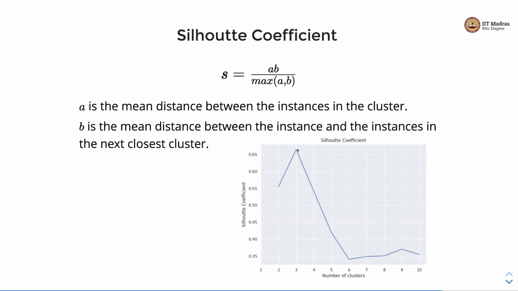The point where the Silhouette coefficient is maximum is selected as the optimal number of clusters. Here the Silhouette coefficient is maximum for k equal to 3, so k equal to 3 is the optimal number of clusters in this particular case.